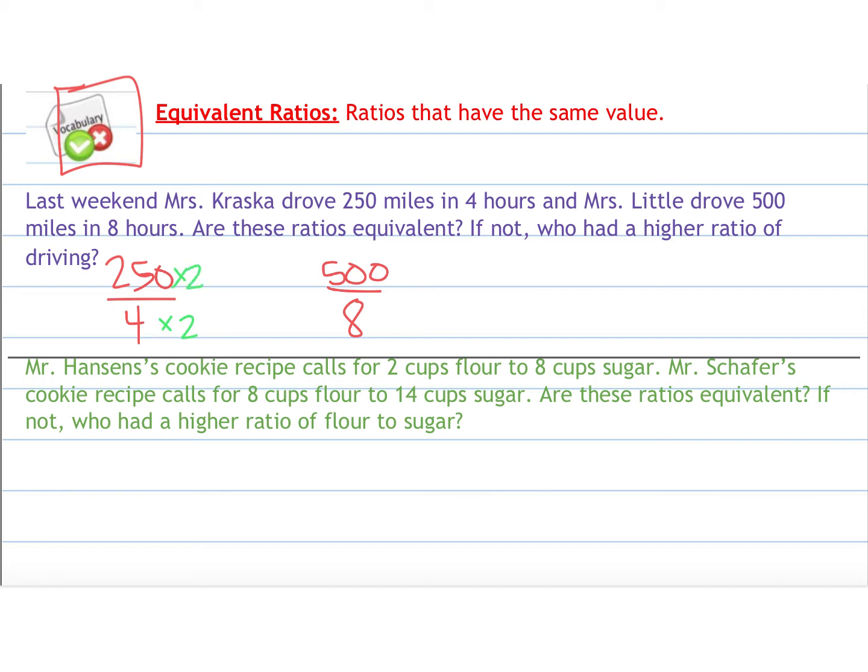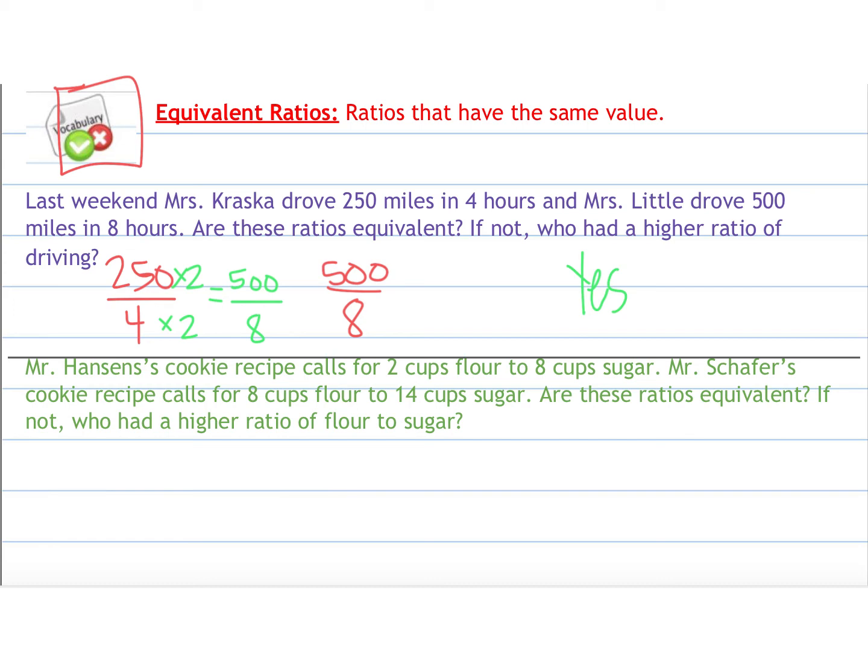So if I multiply the top by 2 as well, so this would be 500 over 8, which in this case, that ends up being equivalent. So yes, they are. If I had gotten them both to be a denominator of 8 and my numerators were different, then they would not have been equivalent. Or I could have simplified both of them, like I said, and then when they're in simplest form, if they have the same fraction, then they're equivalent.